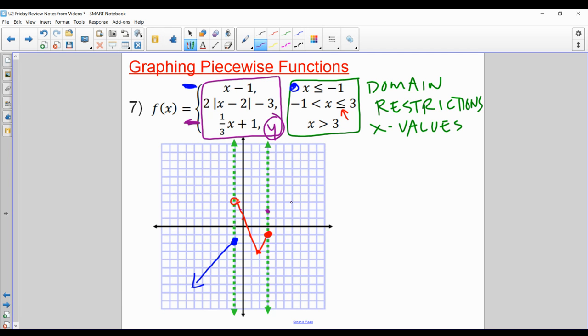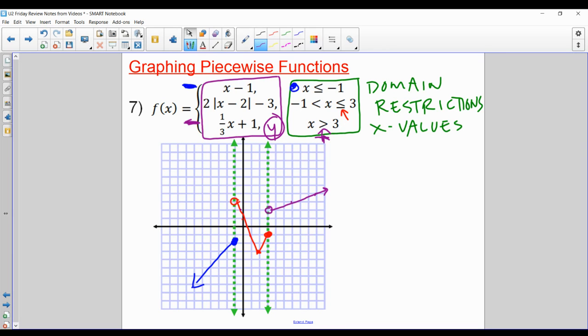Up 1/3, up 1/3. Because this is just greater than, I know I'm going to have an open dot at x equals 3. I'm going to go to the right.